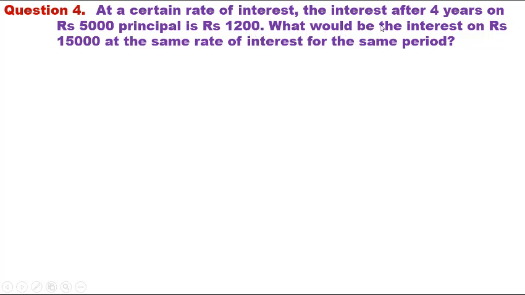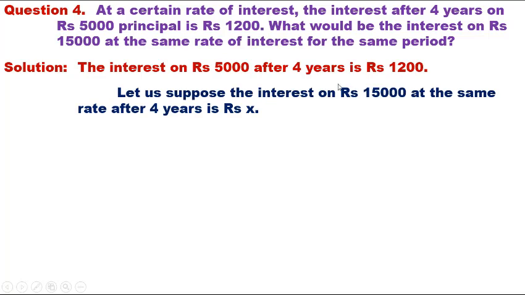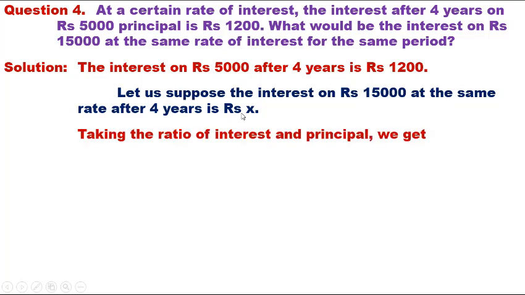What would be the interest on rupees 15,000 at the same rate of interest for the same period? The interest on rupees 5,000 after 4 years is rupees 1,200. Let us suppose the interest on rupees 15,000 at the same rate after 4 years is rupees X.